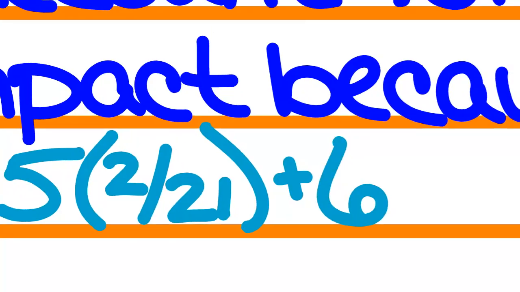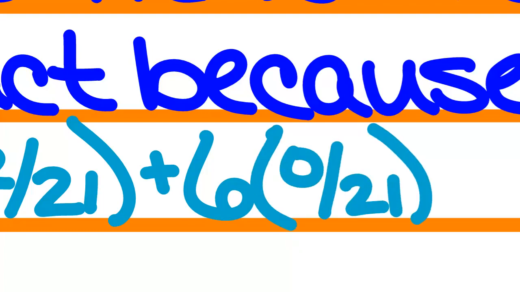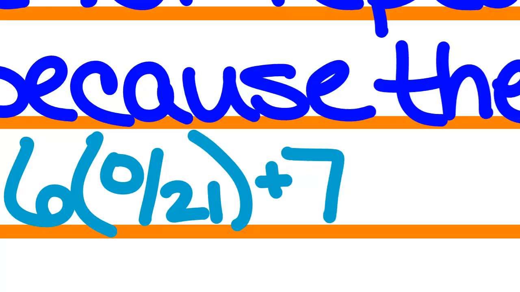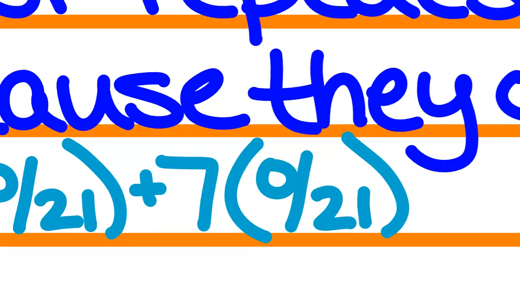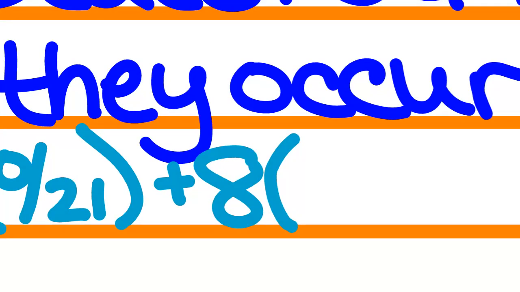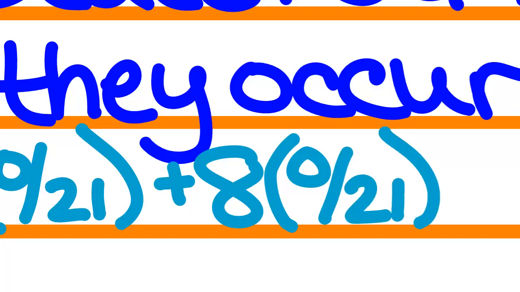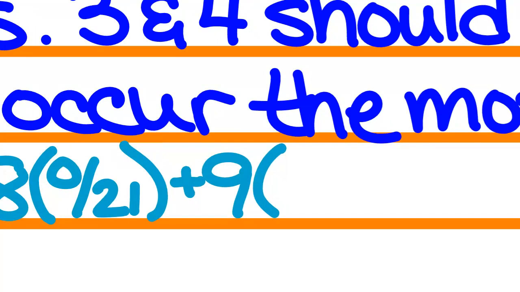Plus 6 children in the family, which was 0 out of 21. 7 children in the family was also 0 out of 21. 8 children in the family, that one was also 0, right? 0 out of 21. Plus 9 times 1 out of 21.